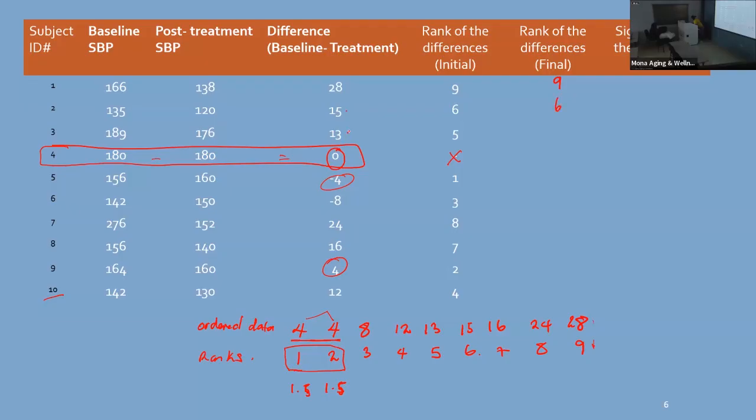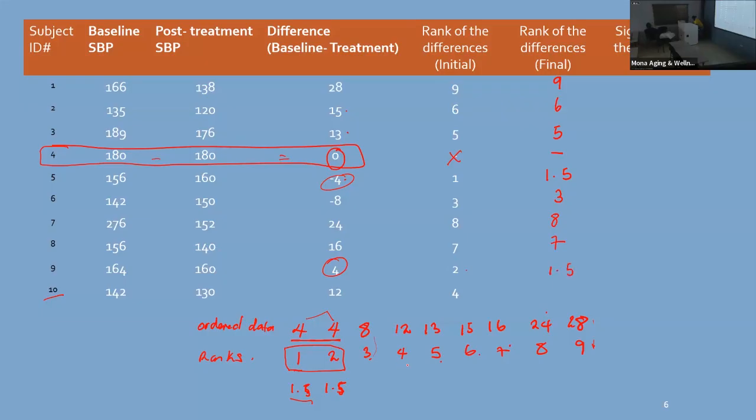The next number, 13, is going to have a rank of 5. 4 is going to have a rank of 1.5. 8 is still going to be a rank of 3. 24 is still going to be a rank of 8. 16 is 7. 4 is going to be 1.5.